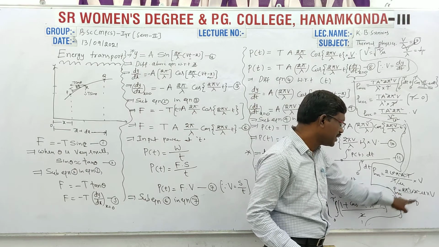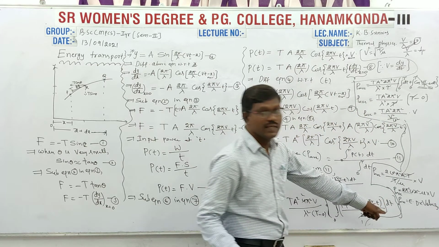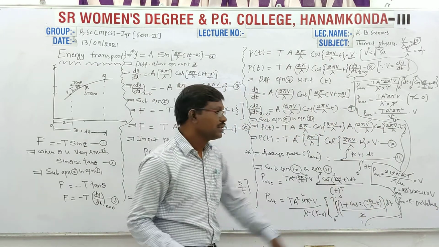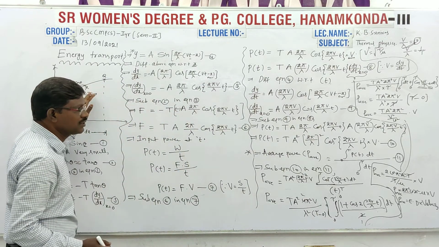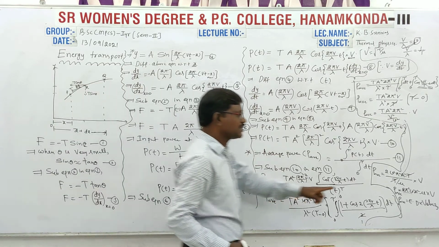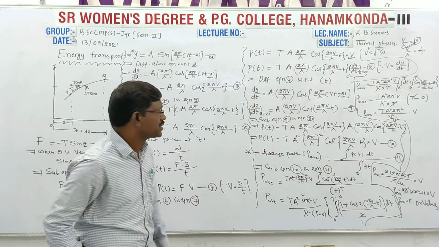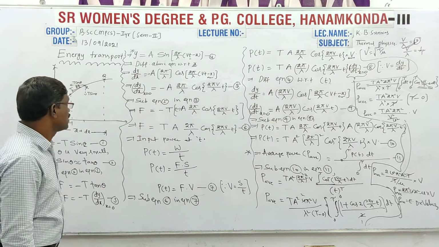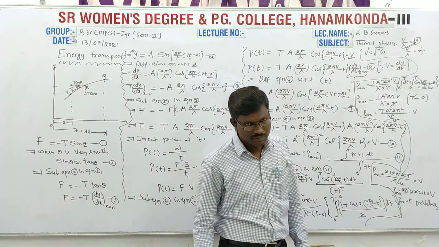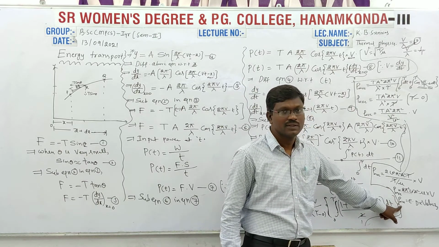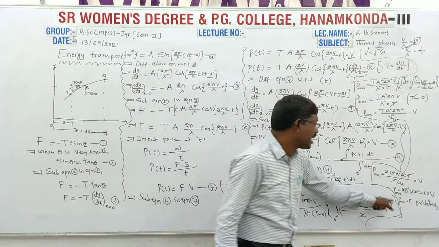This first term becomes energy density into velocity of the wave. Energy density into velocity gives what? Energy transport. When energy density of the wave is multiplied with velocity, we get energy transport. This is the final expression for this energy transport. To calculate energy transport is nothing but to calculate average power only. If we are able to calculate average power, that directly gives what? Energy transport only.